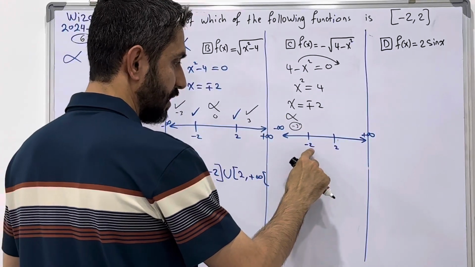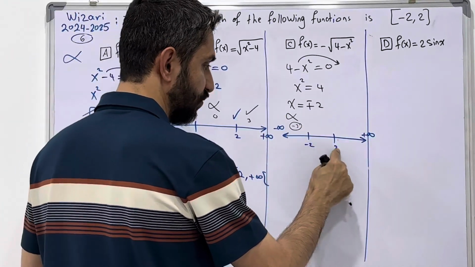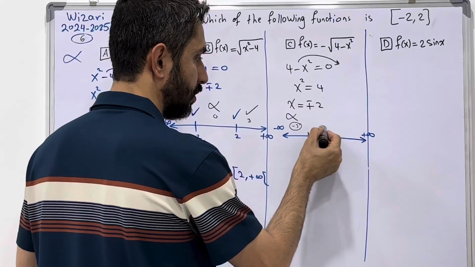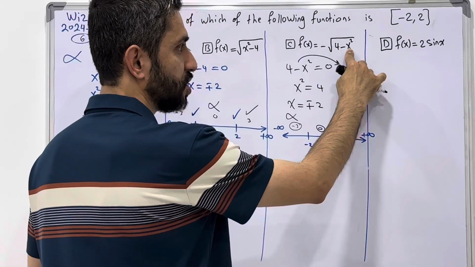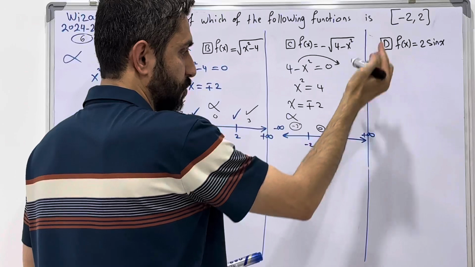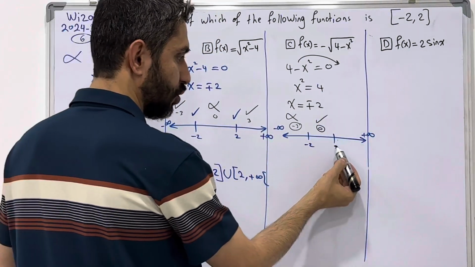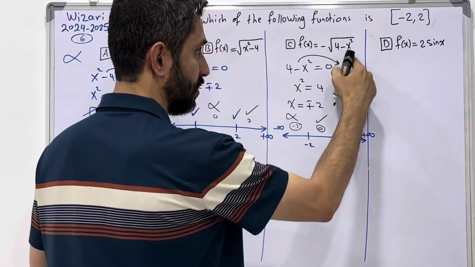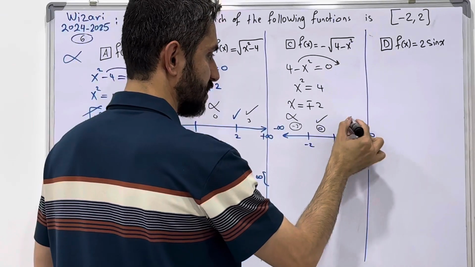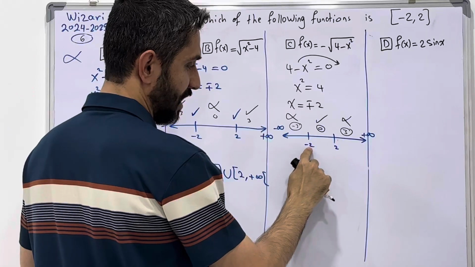What if you are taking a value between negative 2 and 2, like 0? Put 0 here, 0 squared is 0, 4 minus 0 is 4, so it's positive. So this one is the domain. What if I am taking a value larger than 2, like 3? 3 squared is 9, 4 minus 9 is negative, so this is not domain. What if we are taking negative 2 and 2?